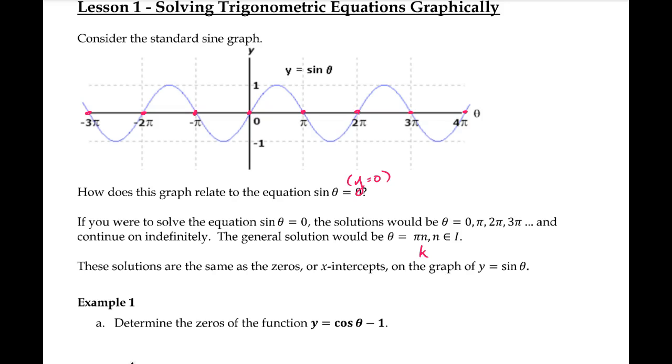You'll see me using k instead of n, just as a different letter to use. It doesn't matter which one you choose, I will accept both. The main thing is that we establish that n is any integer, so a positive or negative whole number, or 0.